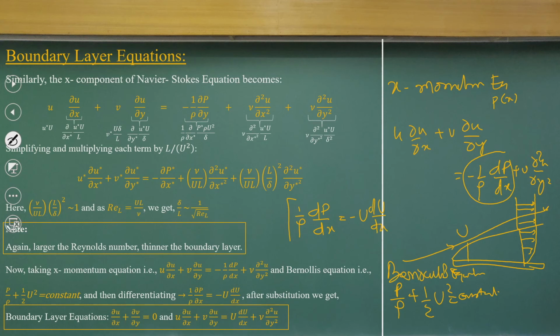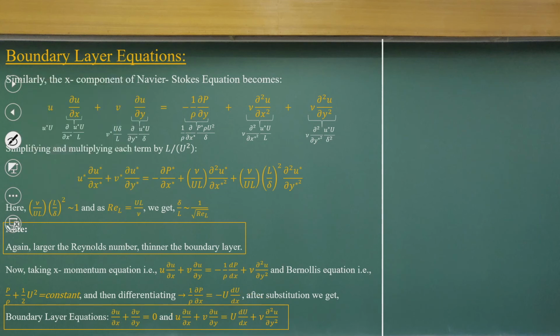Just substituting that, I will get the boundary layer equations, which I can rewrite here. There are two equations: one is the continuity equation, the 2 dimensional continuity equation.